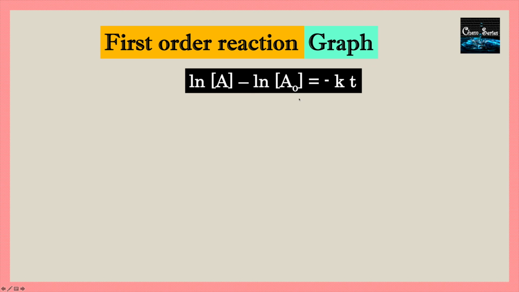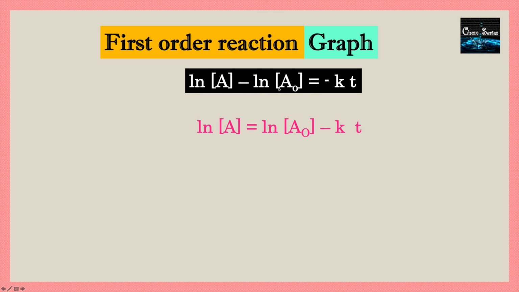So coming to the graph of the first order reaction. This is your integrated rate law equation, right? Do you remember? We have solved this before. From this equation, we can obtain a graph. Just rearrange this like ln A is equal to ln A naught minus kt.